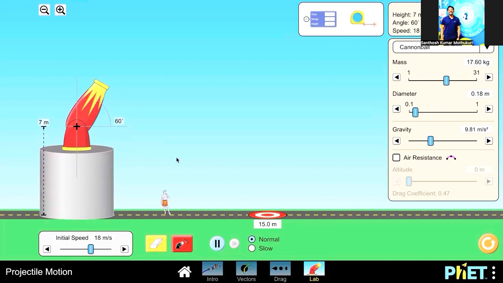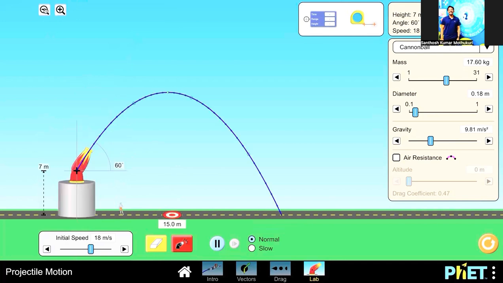Now let's see how to solve this kind of problems. When I shoot this, this is going beyond. Let me zoom it out. This is where it landed on the ground, and this is where you can figure out the time taken, range, and the total height.